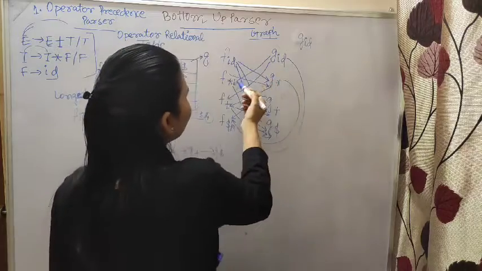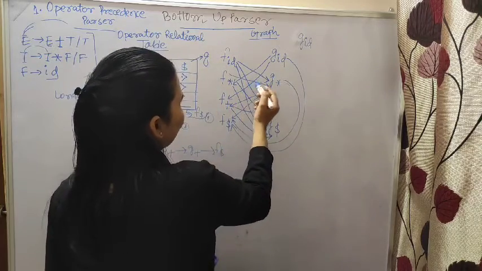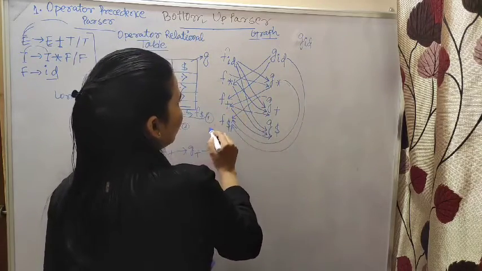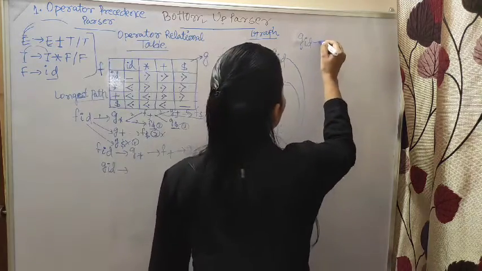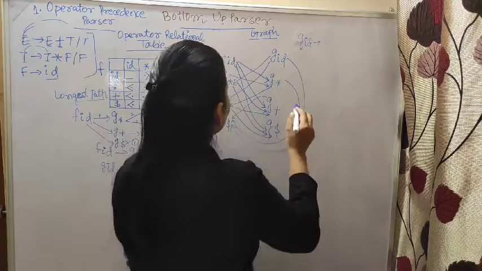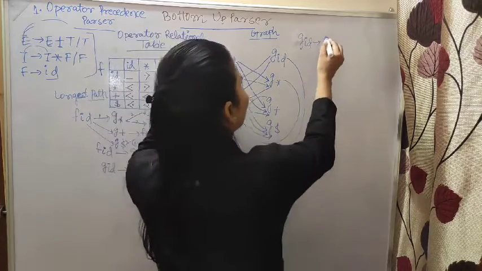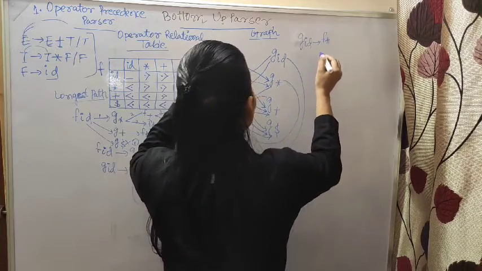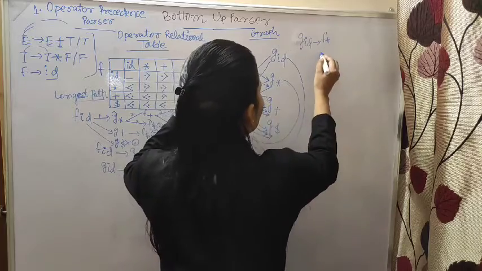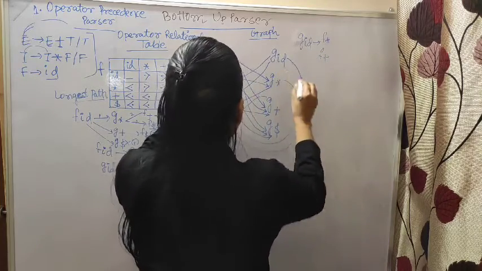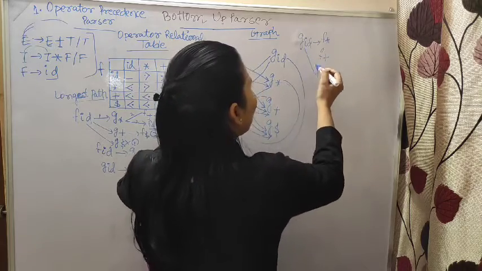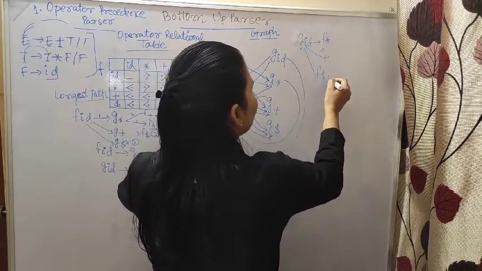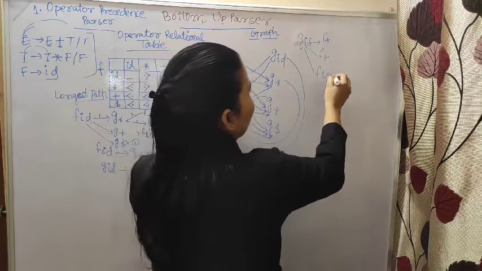GID is going to F star, F plus and then F dollar, these 3 places. Look at GID to F dollar. That means this is the only one path. It is cut now.